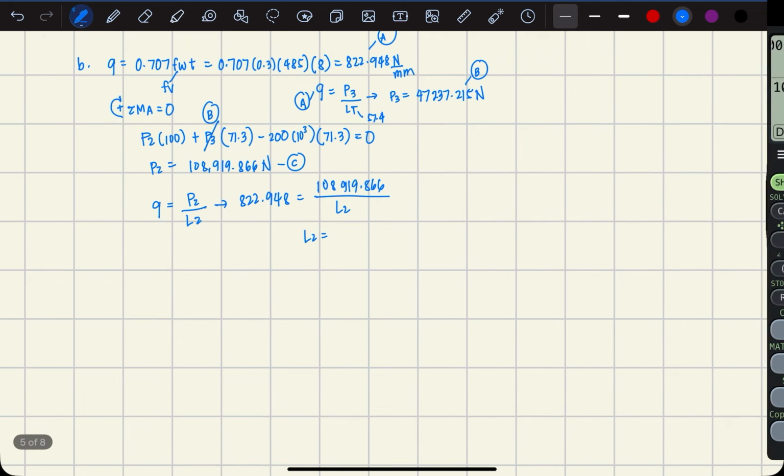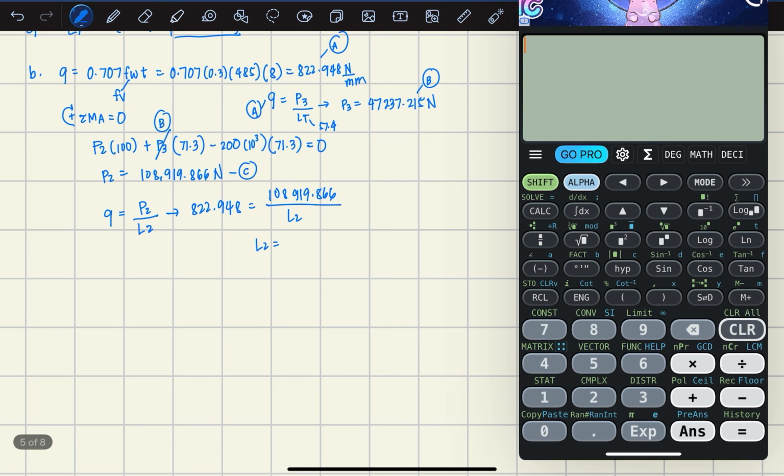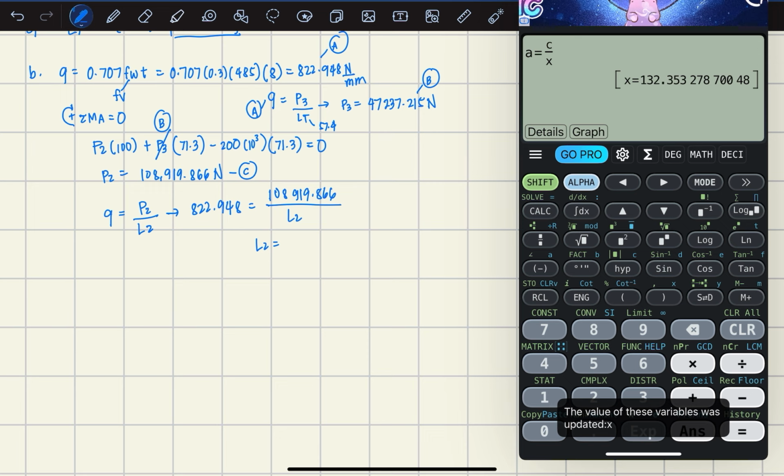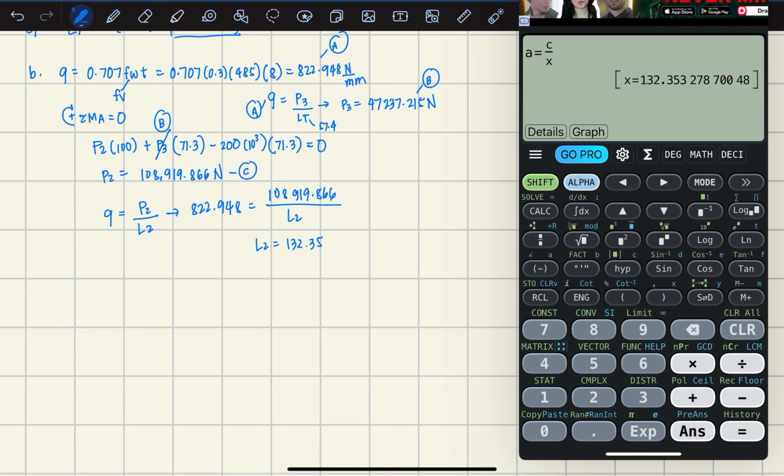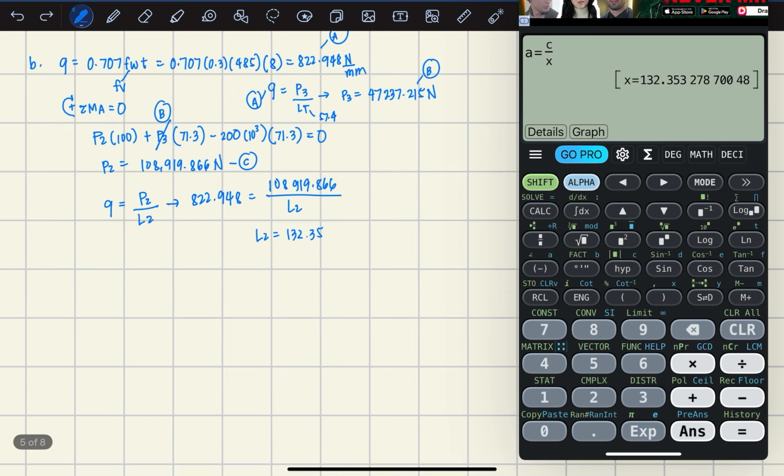So, L2 is equal to P2 in C over Q, which gives 132.353 mm. This is our answer for letter B.